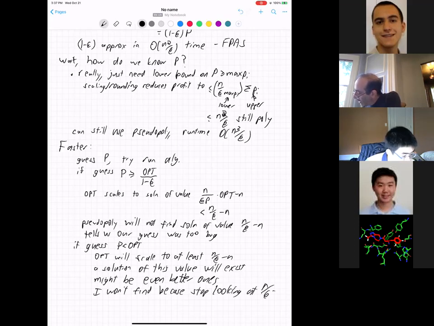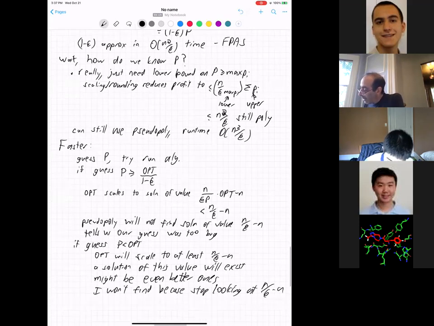But I will find a solution of sufficient value to tell me that my guess was small enough. So if I guess too big by a significant factor, I find out I'm too big. If I guess too small, then I find out that I'm too small. And so this is sufficient to let me do binary search.